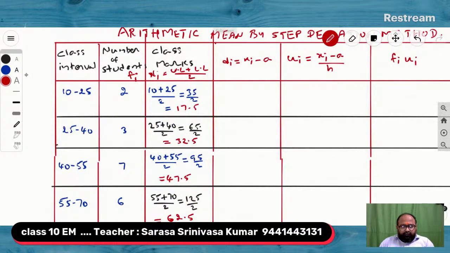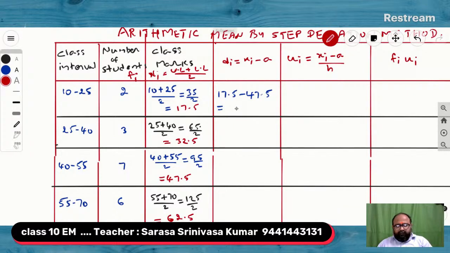So here we calculate 17.5 minus 47.5. What is the value of this? 17.5 minus 47.5 is minus 30.